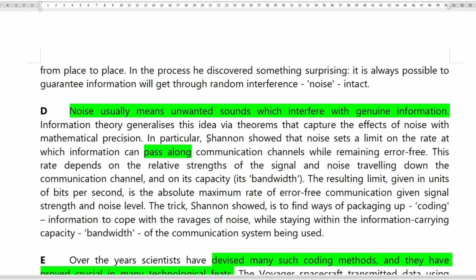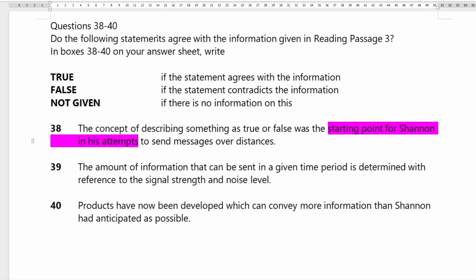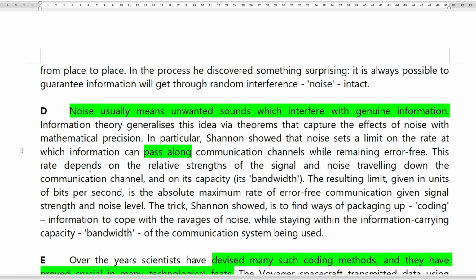Shannon showed that noise sets a limit on the rate at which information can pass along channels while remaining error-free. And this rate depends on the relative strength of the signal and noise traveling down the communication channel and its capacity, its bandwidth.